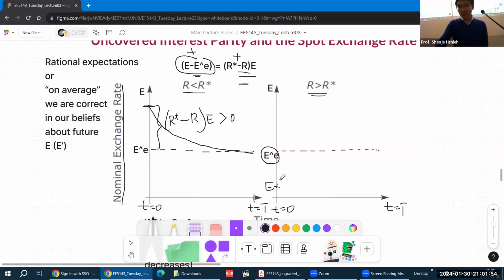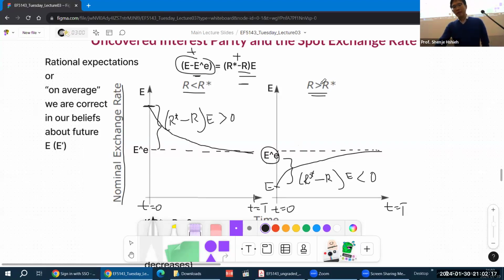So you should expect it to go from here all the way back to here, right? So this gap is, again, R star minus R times E, which is negative. It's negative because E minus E hat E is negative.